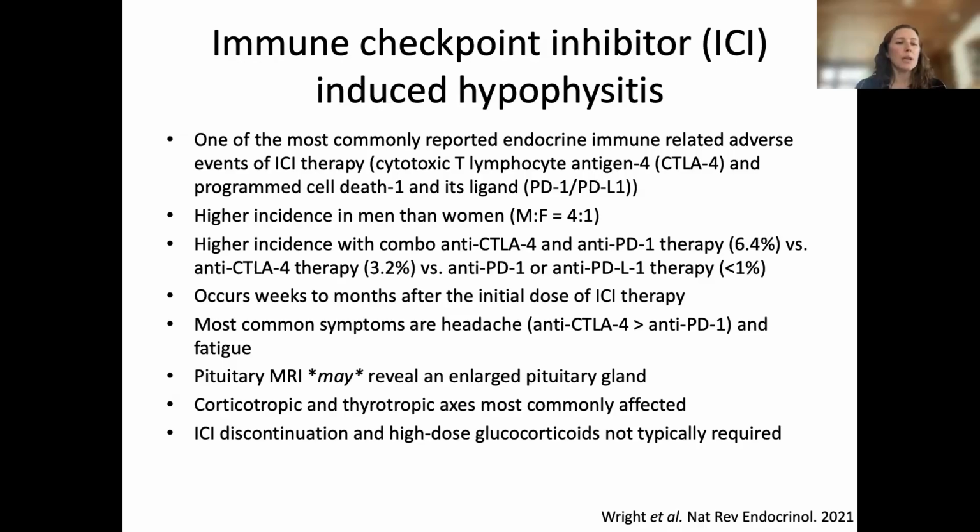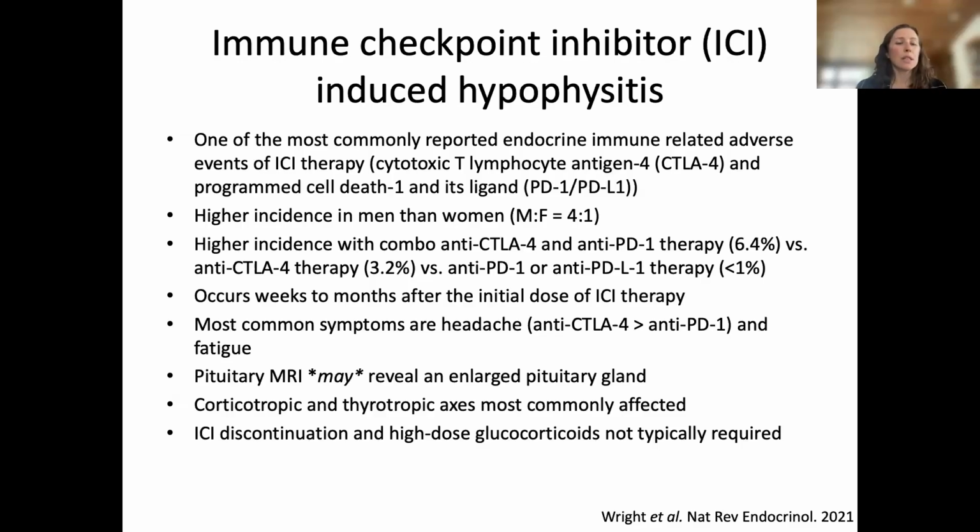It is more common with the combination of anti-CTLA-4 and anti-PD-1 therapy with an incidence of 6.4%, and least common in patients who are receiving monotherapy with an anti-PD-1 or anti-PD-L1 inhibitor with an incidence of less than 1%.